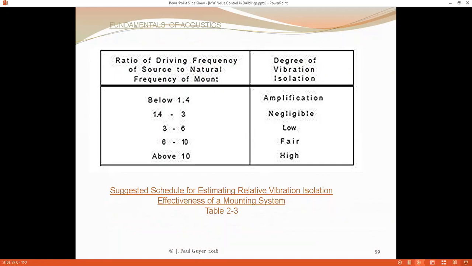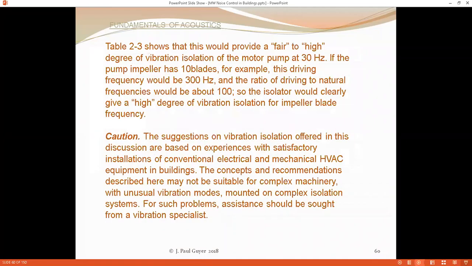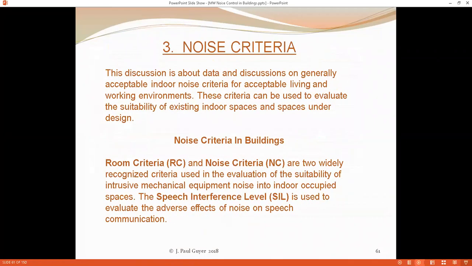If it's within a ratio of about 1.4, then that's the danger zone. If the ratio of the driving frequency to the natural frequency of the mount is above 10, you're not going to have a resonance problem. Okay. You've now measured the sound in the source room.